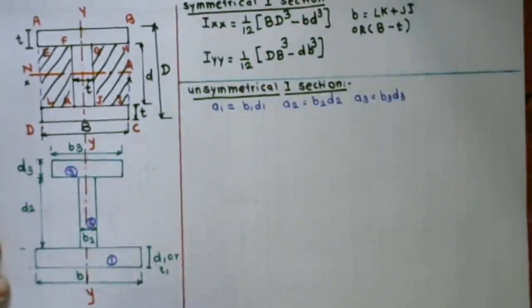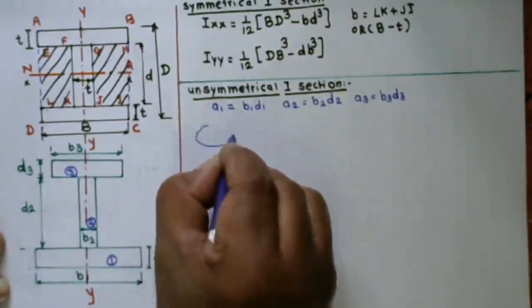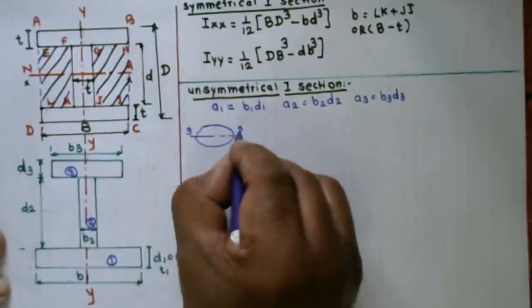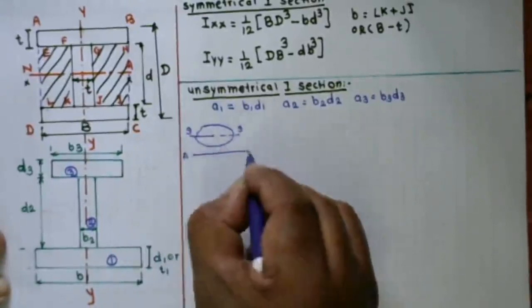But now we have to use the parallel axis theorem. I am repeating the parallel axis theorem briefly. GG is the centroidal axis of the area, and AB is another axis.